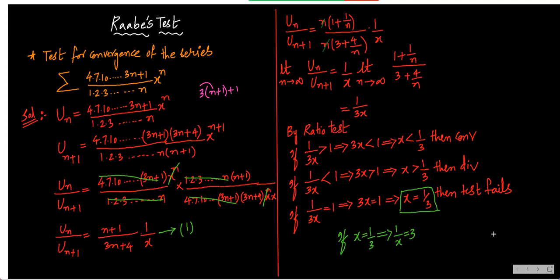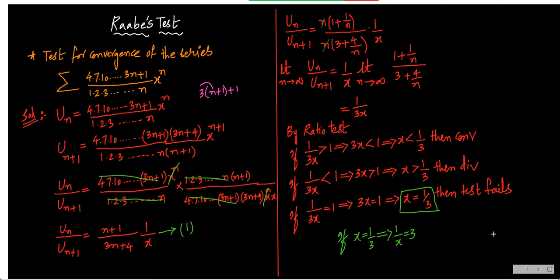And I told you so many times, every question you have to start by default with the ratio test only. After a few steps, where the test fails, we see which type of fraction we are getting. If you are getting a proper fraction, then you have to apply Raabe's test. If you are getting an improper fraction, then go for the limit comparison test.